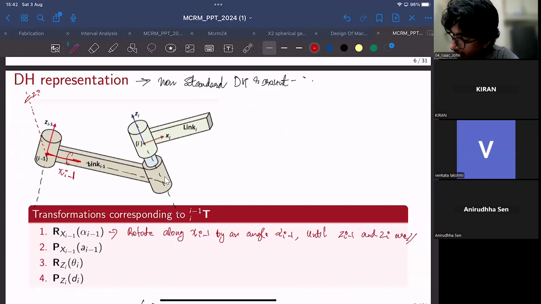If you rotate like this, you would end up with this. I'll label this as z_{i-1} dash, right? And x_{i-1} would still be the same because you're rotating about that axis. So x_{i-1} and x_{i-1} dash would be the same, right? Okay, so we have completed the first step.